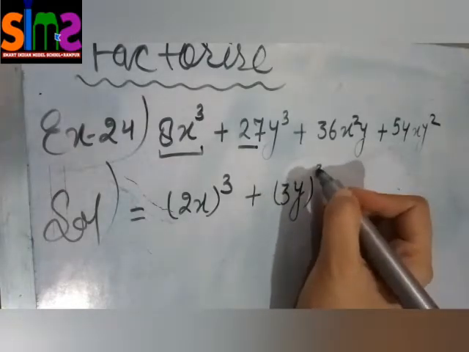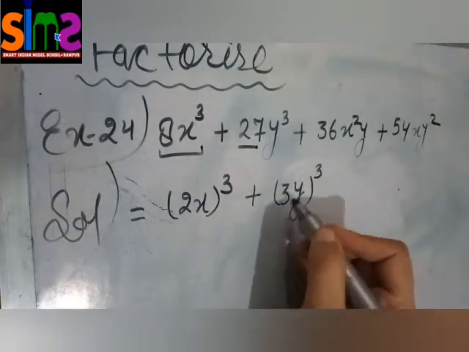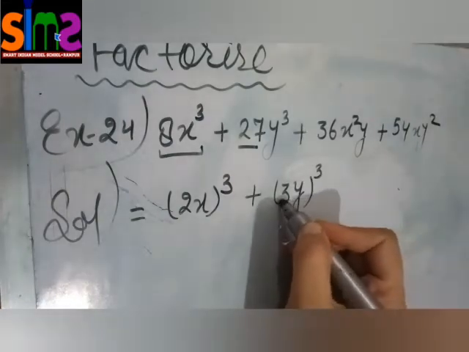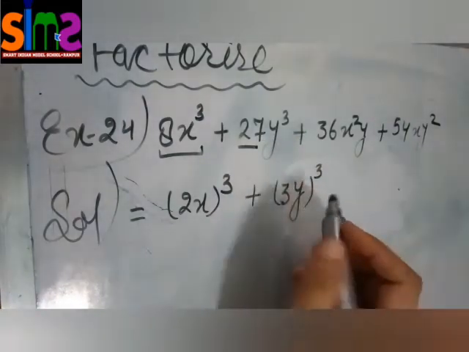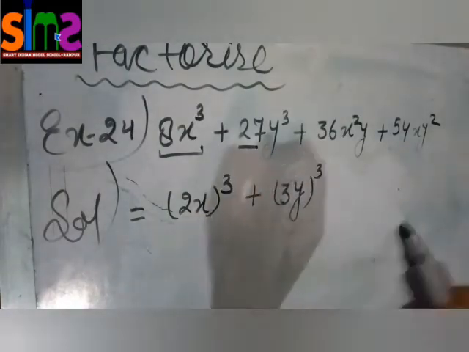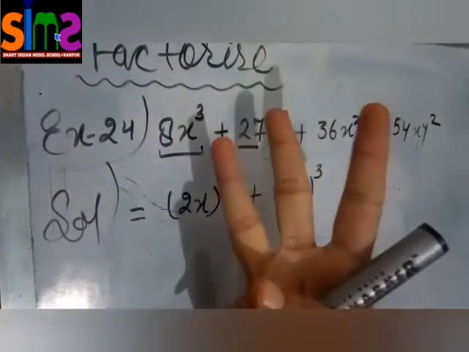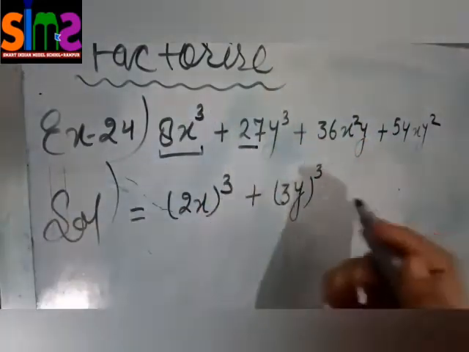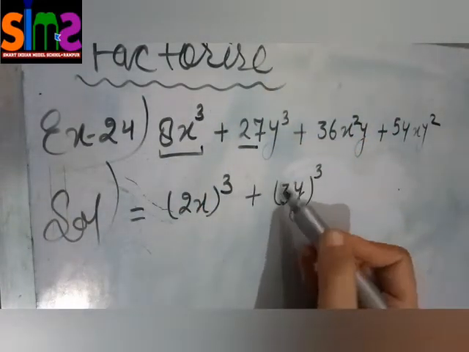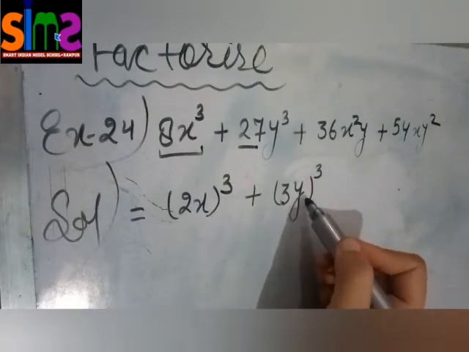We can write 27y cube as the whole cube of 3y. When we multiply 3 times to itself, we get 27, as 3 3s are 9 and 9 3s are 27. So 27y cube can be written as the whole cube of 3y.